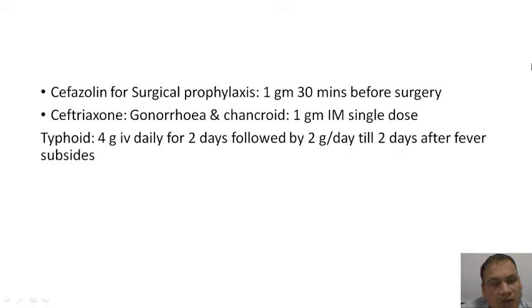For enteric fever or typhoid, it can be given 4 gram IV daily for 2 days, followed by 2 gram per day till 2 days after fever subsides. You have to remember these doses because you may be asked to write a prescription on this.